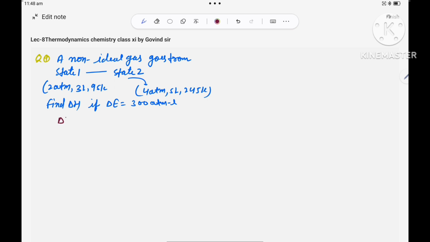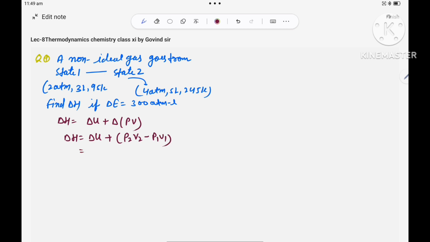Delta H is equal to delta U plus delta PV. So delta H is equal to delta U plus P2 V2 minus P1 V1.